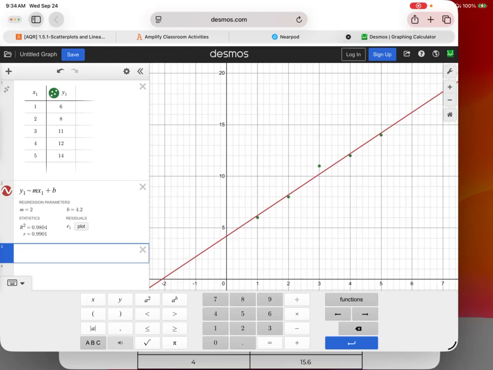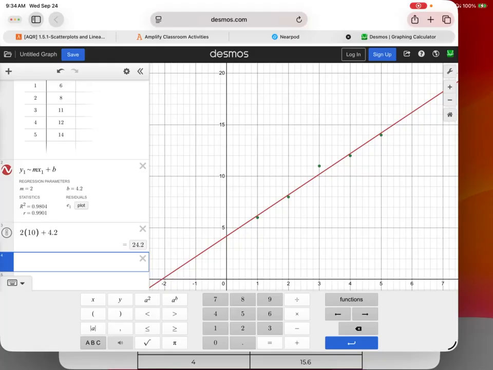So I'm going to type 2 times 10, close parentheses, plus 4.2. And there's my answer: 24.2. The technology does it for me. Okay? I'm going to check something real quick here.